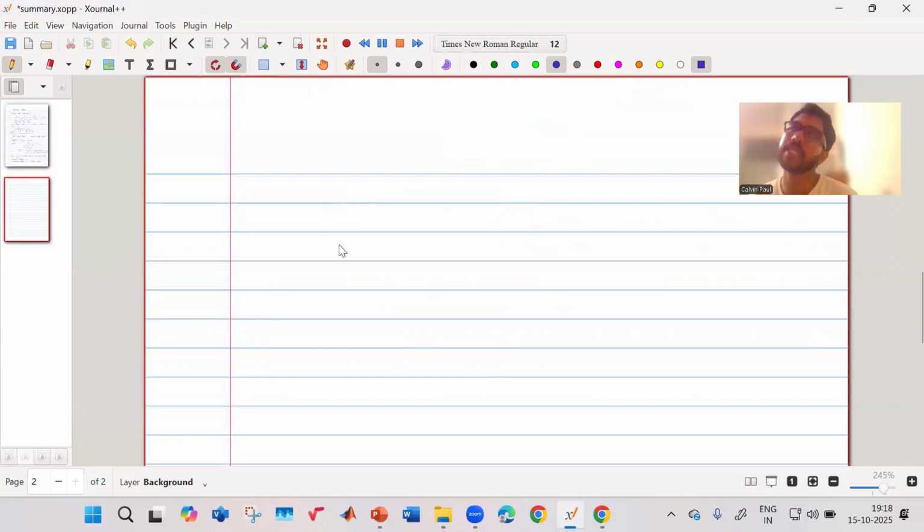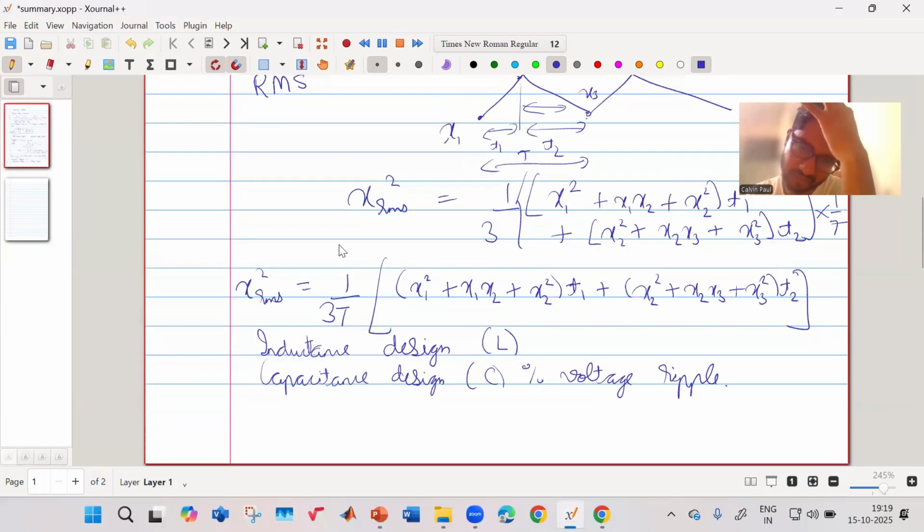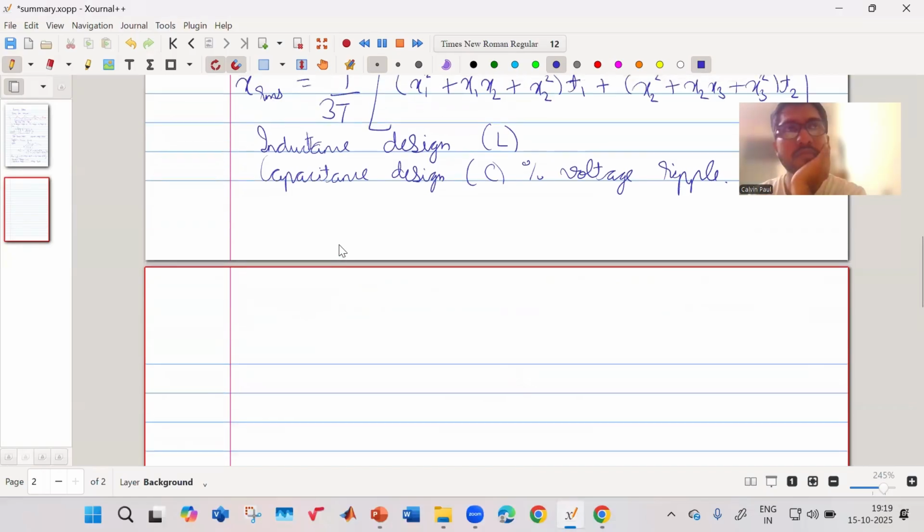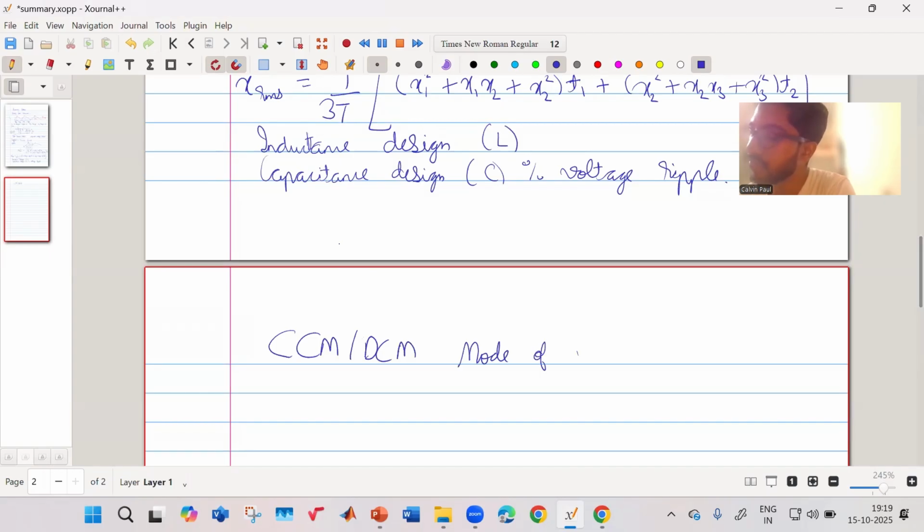One more question is there is reluctance capacitance. Else is asked, if the operating point is given, whether the converter is in CCM or DCM. Yes. Good one. That we did last time also. So CCM or DCM mode of operation.